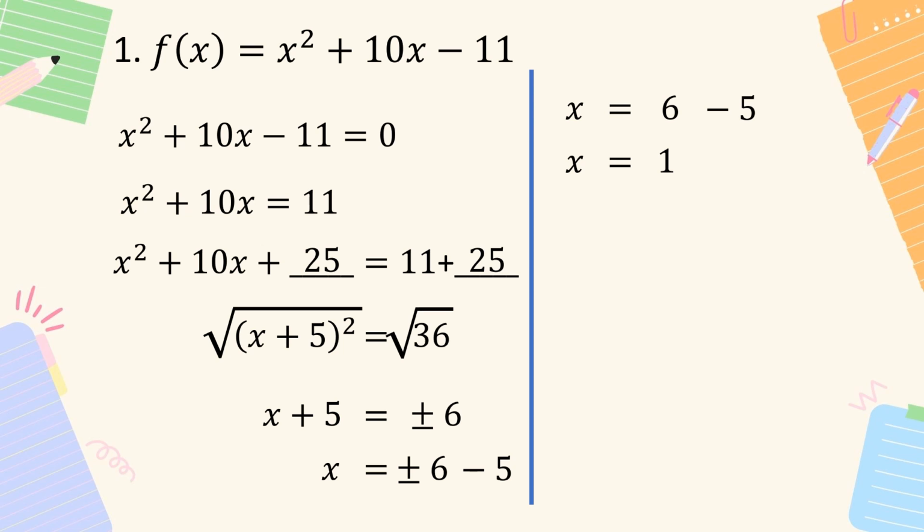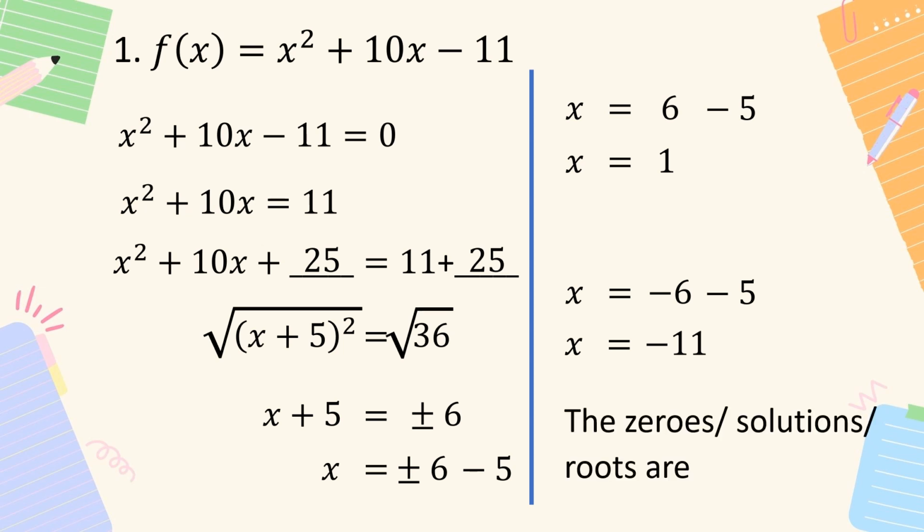For the other value of x, we have x equals negative 6 minus 5, and that is equal to negative 11. So x is equal to negative 11. The zeros or solutions or roots are positive 1 and negative 11.